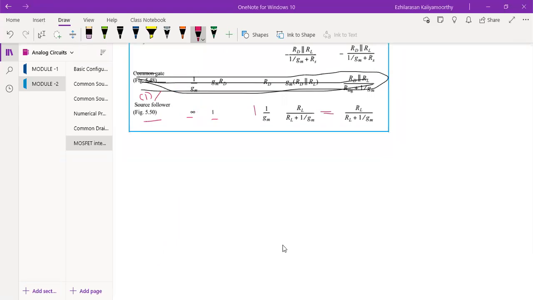Assume that the steady state charges on these capacitances are acquired instantly.